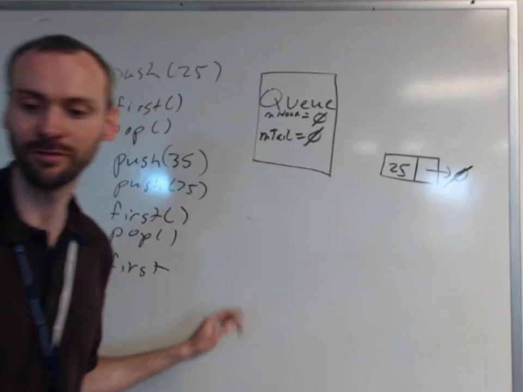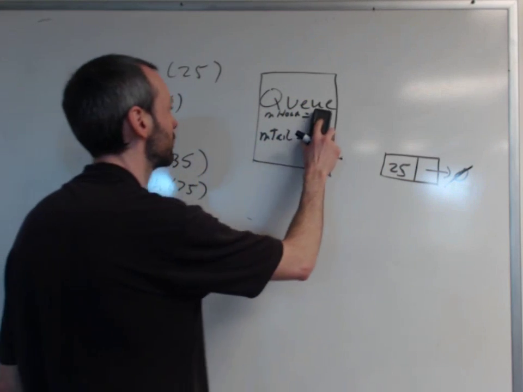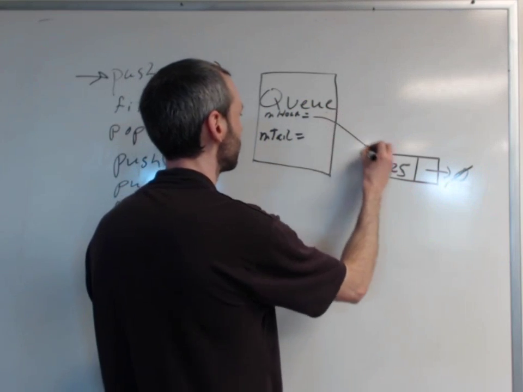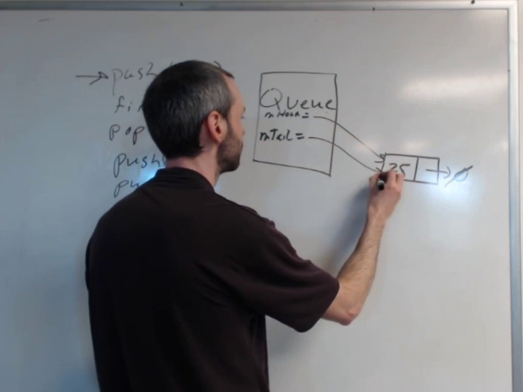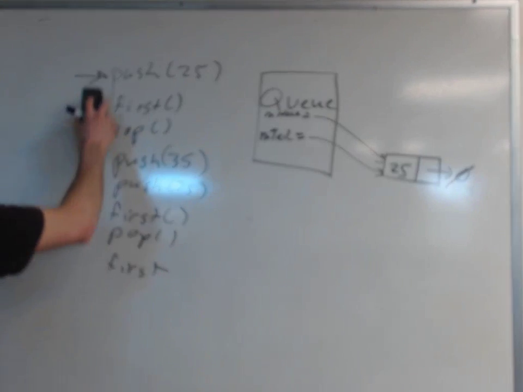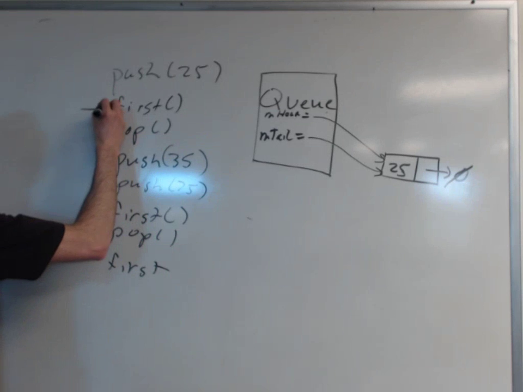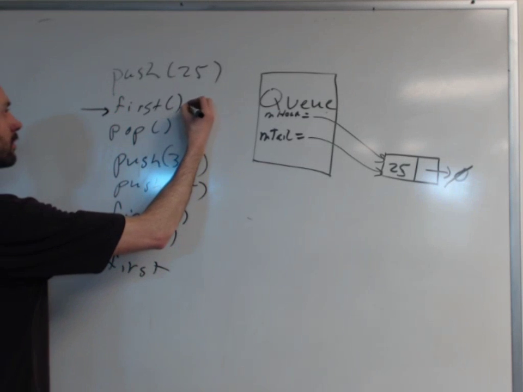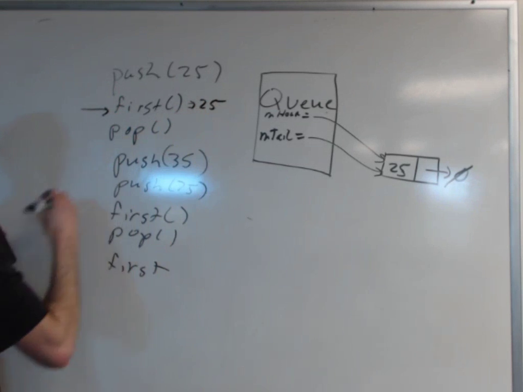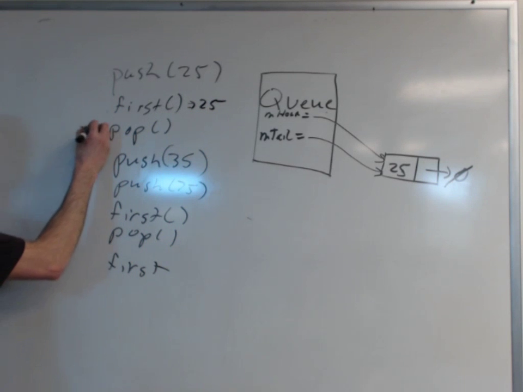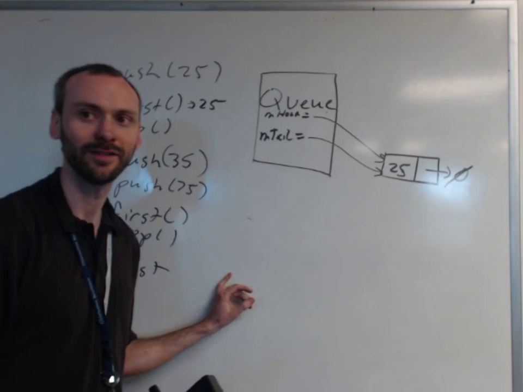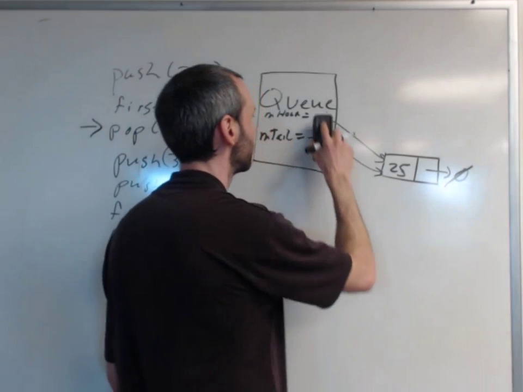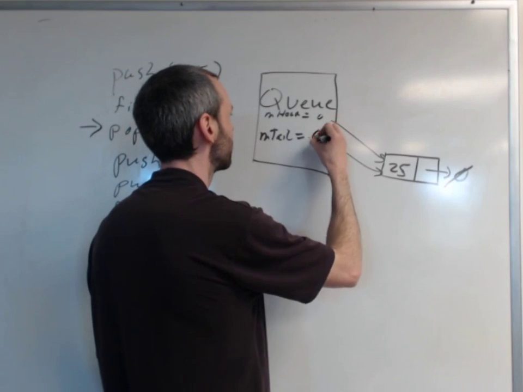And then m_head points to it and m_tail points to it. First is going to give you 25. We pop, and what happens? M head and tail both point to null again, and you erase the node to reverse what you did.